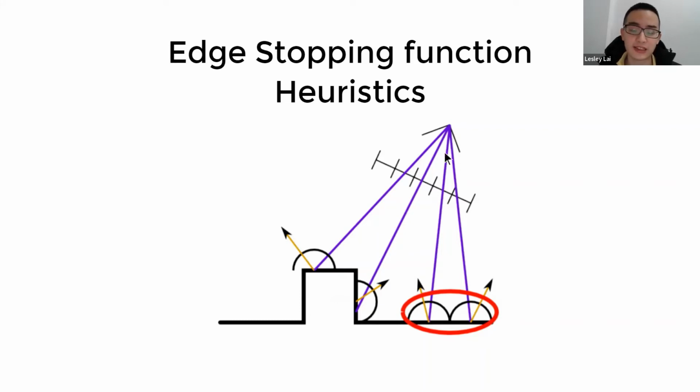The heuristic, as I said before, is because we can consider the contribution of the light at each individual pixel as all the light coming from a hemisphere.